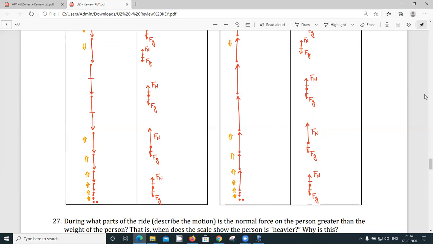Without F net, the object will not accelerate. But if it's already moving and F net is zero, it will continue with that velocity. So for something already moving, you don't need F net. That is Newton's first law, right? Yes, an object will be at rest or in motion with constant speed if F net is zero.